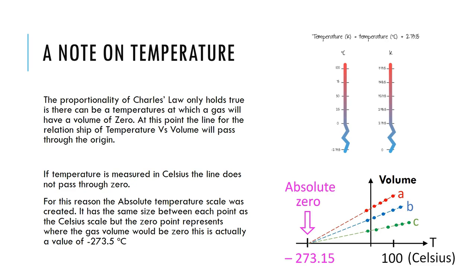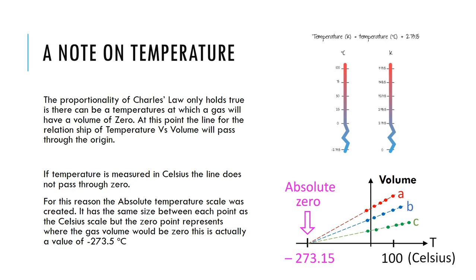Essentially, the Kelvin relates to the absolute temperature scale, and the proportionality of Charles's law, that direct relationship, only holds true if there can be a temperature at which a gas will have a volume of 0. So if we were to plot Charles's law of volume versus temperature, we would initially see what we have here: volume and temperature, and the y-intercept here is well above 0.